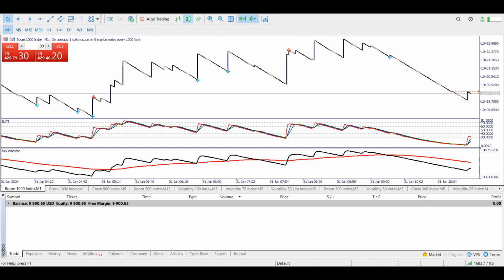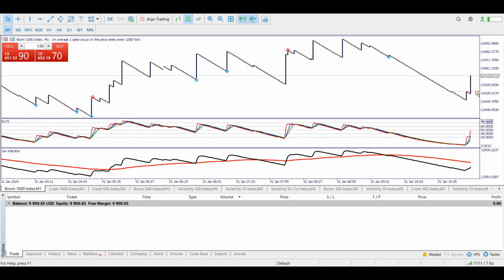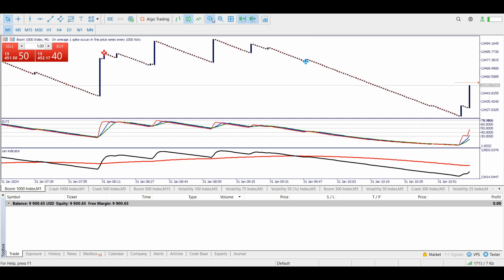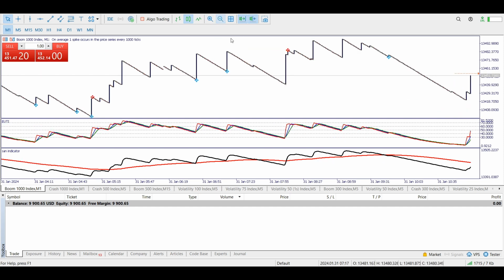It's inbuilt in the MetaTrader platform. It's an alert system that I use so that whenever there is a spike I get alerted, because I can't sit on the computer always. Like what just happened, you saw that spike right there. That was the alert. So Boom 1000 has given us a spike.